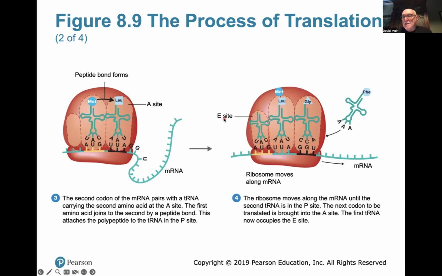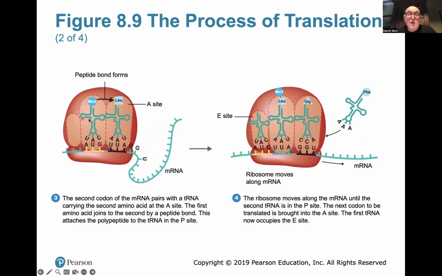The E site, E stands for exit or reject or whatever you like, to tell you that things there are going to be thrown out. And that is exactly what's going to happen. This tRNA eventually is going to be thrown out of the site. In the meantime, we have a little chain, methionine and leucine.